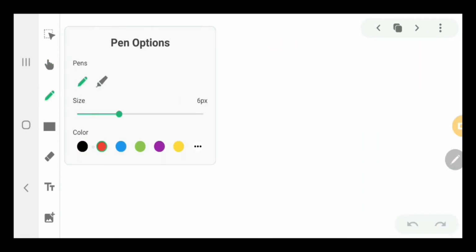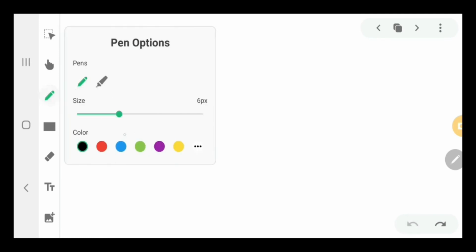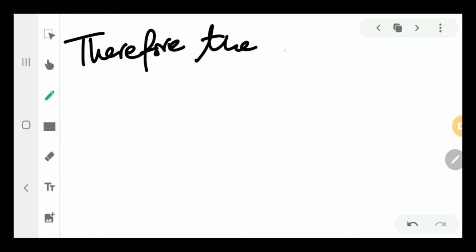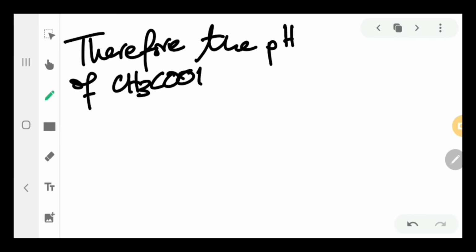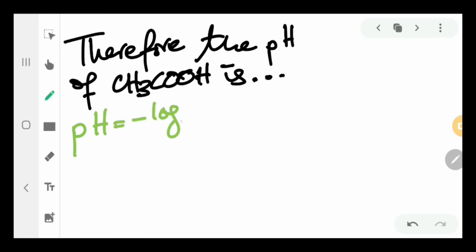Therefore, the pH of your acetic acid, CH3COOH, is pH equals negative log.